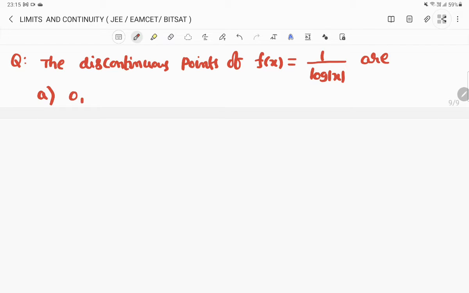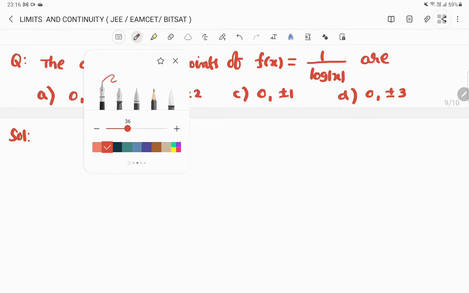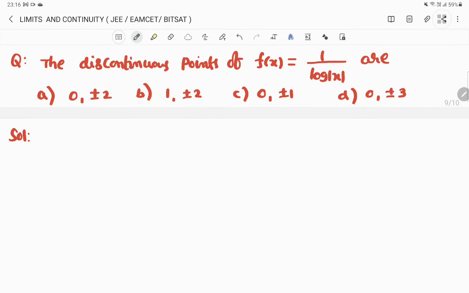Options: 0 comma plus or minus 2, 1 comma plus or minus 2, 0 comma plus or minus 1, 0 comma plus or minus 3. See here, f of x is equal to 1 by log mod x. It is of the form 1 by f of x. When will it be defined?